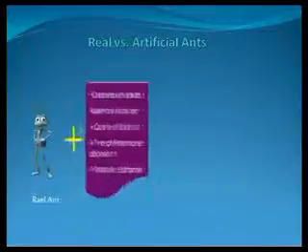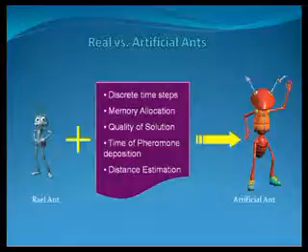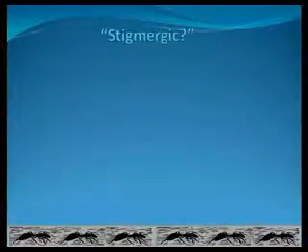Real versus artificial ants. When we map a real ant to an artificial ant, we have to consider some more facts: discrete time steps, memory allocation, quality of solution, time of pheromone deposition, and distance estimation. Stigmergy.